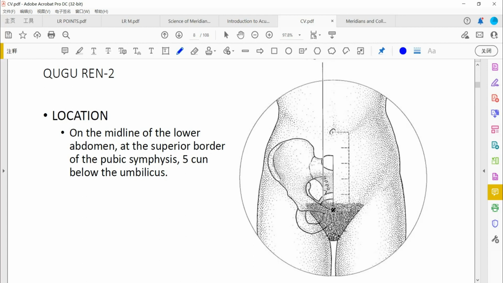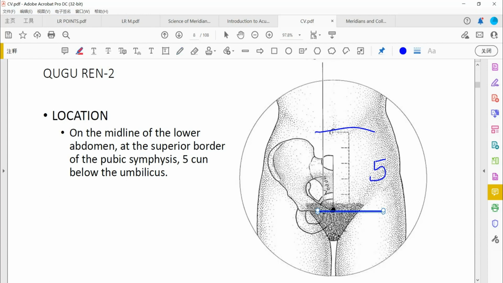So here there's a point we need to remember. From the superior border of the pubic symphysis to the umbilicus, there are totally 5 cun, right? 1, 2, 3, 4, 5 cun. That means on every 1 cun there will be a point.